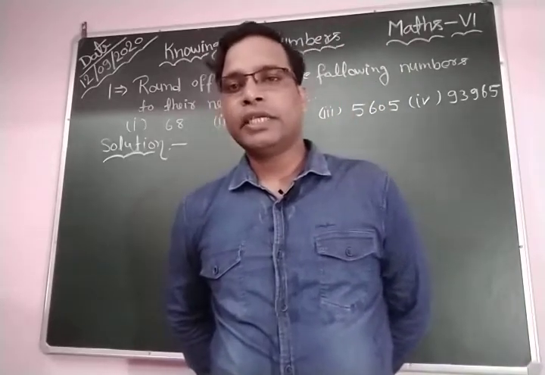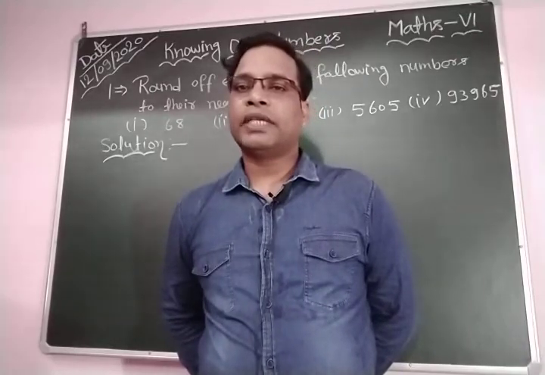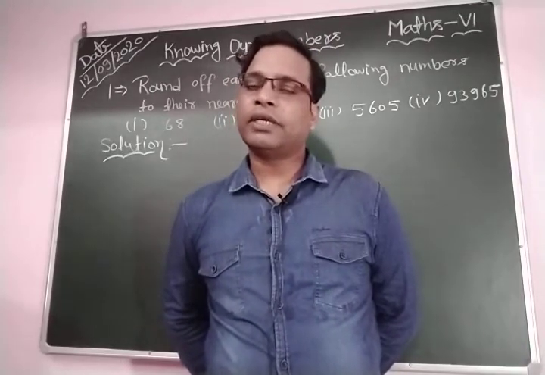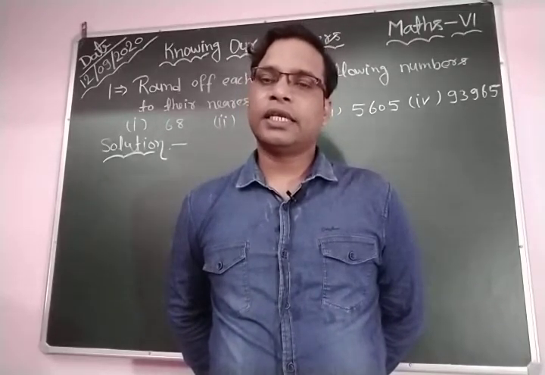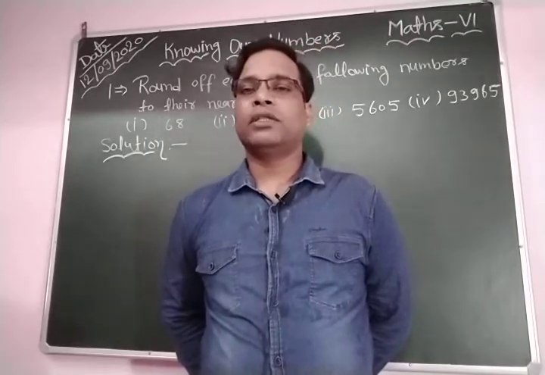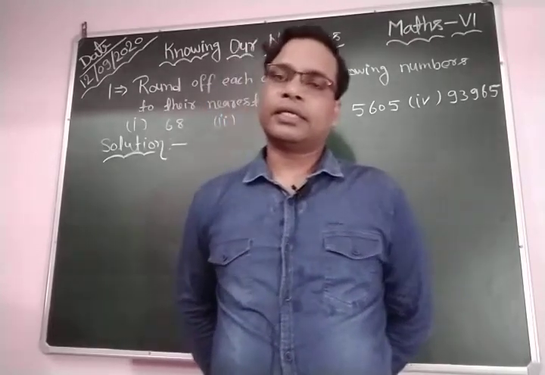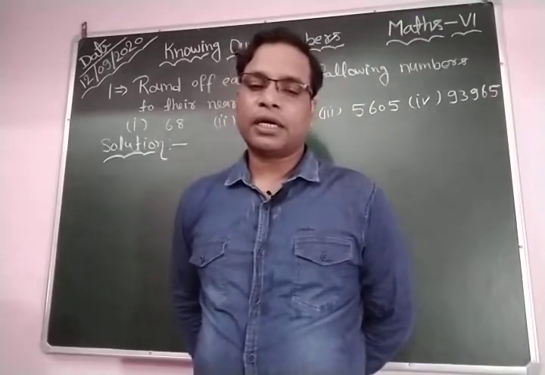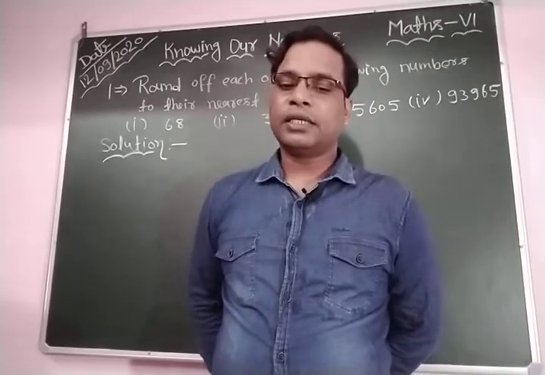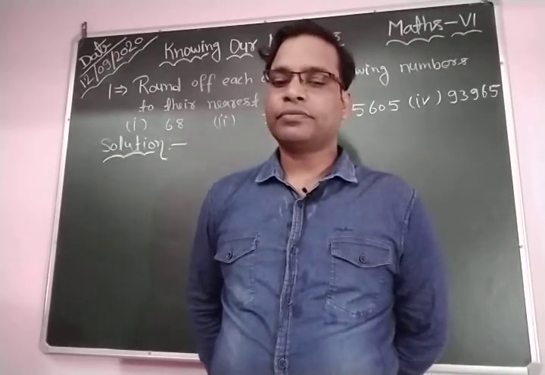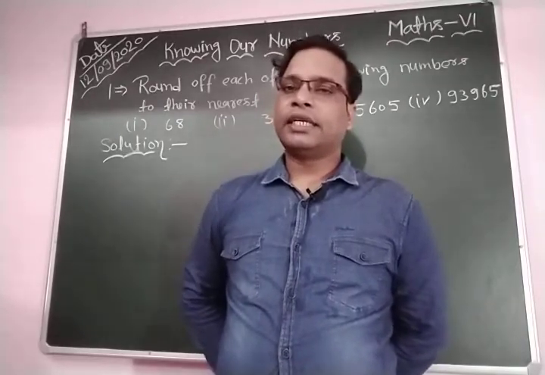If the ones place digit is less than 5, then we replace the ones place digit by 0. Second, if the digit at the ones place is 5 or greater than 5, then replace the ones place digit by 0 and increase the tens place digit by 1.